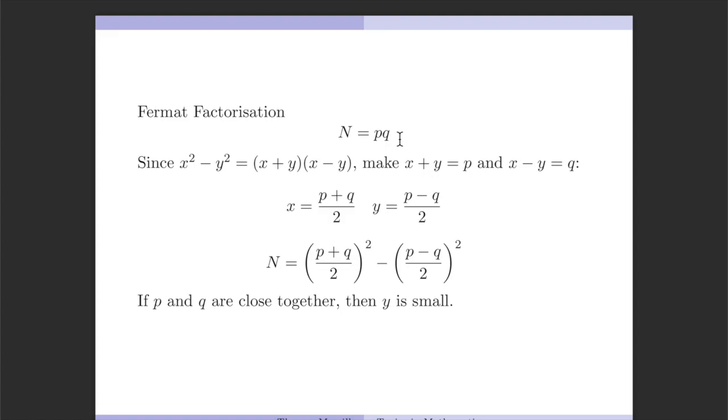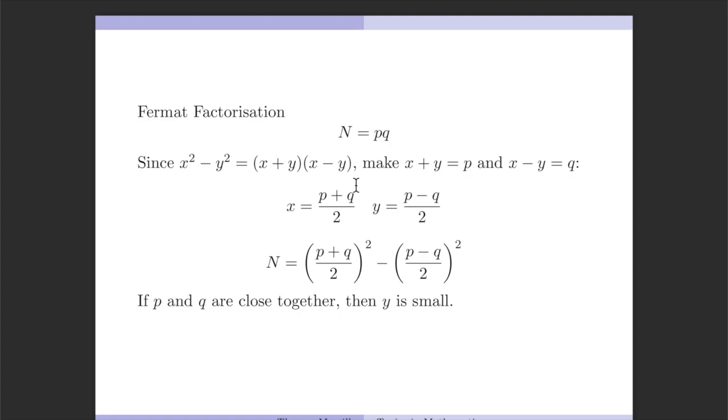So Fermat's idea is, let's look at the formula for the difference of squares factorization. This equation is always true no matter what x and y are. If you take x squared minus y squared, you can factorize that as (x plus y) times (x minus y).